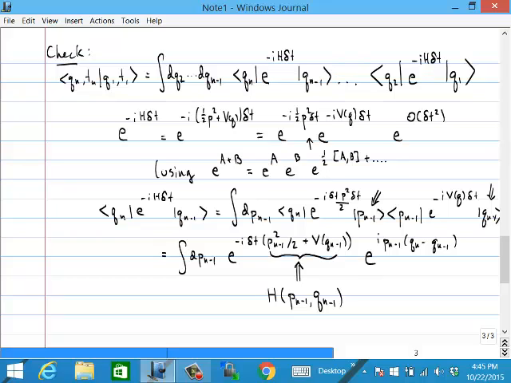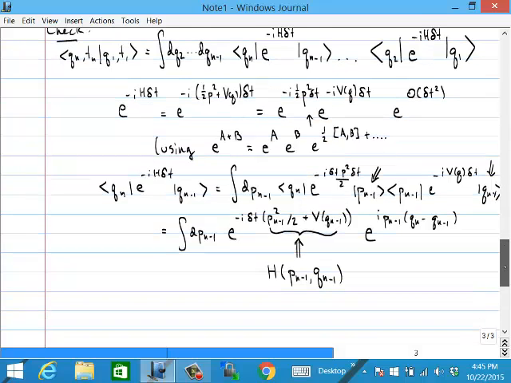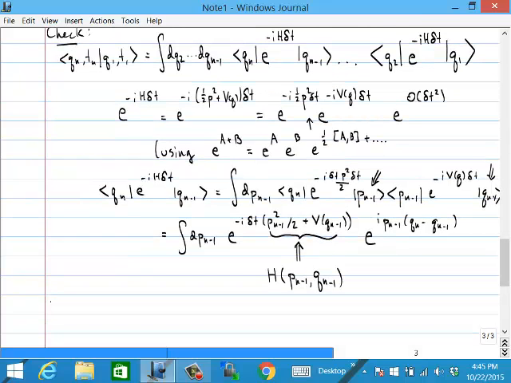So if we go ahead and put this all together, what we see is that this transition amplitude, well, you get a bunch of integrals dq along with a bunch of integrals dp. So you need to do this trick where we introduce a complete set of momentum eigenstates. We do that n minus 1 times.